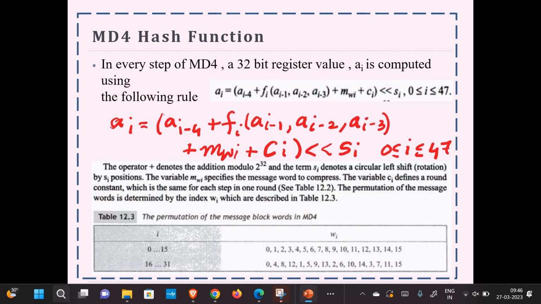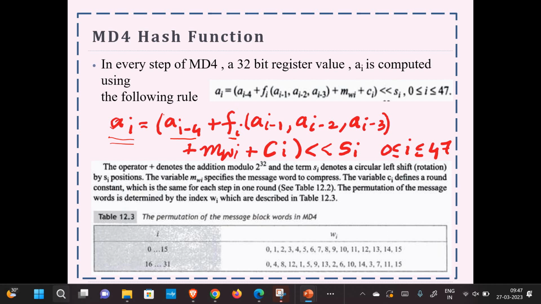Alright. Finally, the answer to all this is the calculation part. Please make a note of this equation only. So Ai is given by, Ai is the updation, like how ABCD is updated. Very simple in fact. So this is my Ai minus 4. This is given over here, but if it is not visible, that's why I've given it here. Ai minus 4, plus Fi. This is the function.